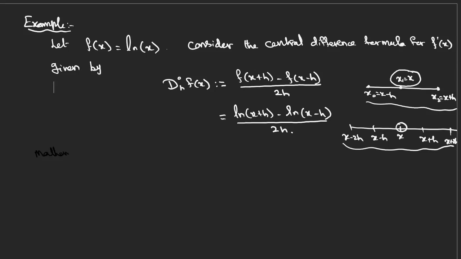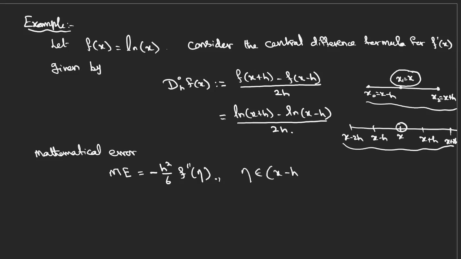Now, if you recall, we have derived an expression for the mathematical error in the class, and it is given by minus h squared by 6 f double dash of eta, right? Where eta lies between x minus h and x plus h.